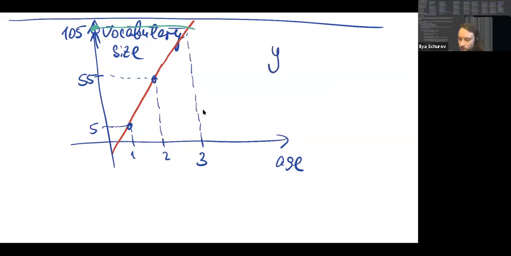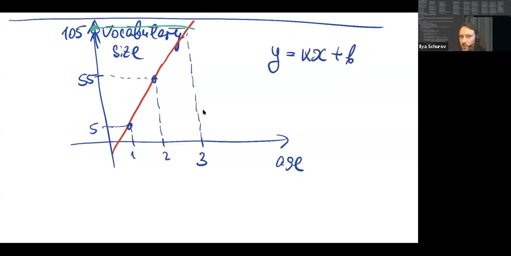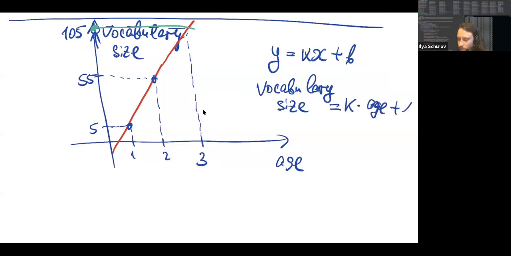And what can you say about k and b if I say that y equals kx plus b, or vocabulary size equals k times age plus b?